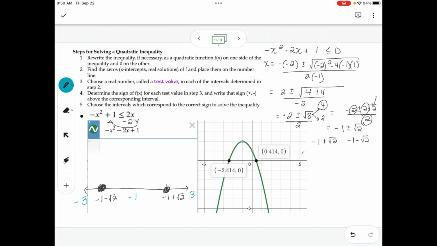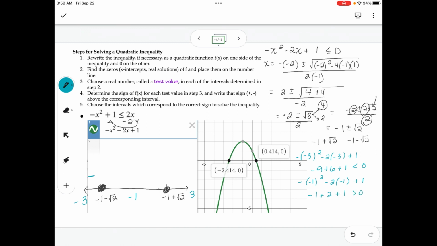When I substitute -3, I'll have -3 squared minus 2 times -3 plus 1. Let's see here, that gives me -9 plus 6 plus 1. I'm still negative over here. If I do -1, so -1 squared minus 2 times -1 plus 1. This gives me -1 plus 2 plus 1.